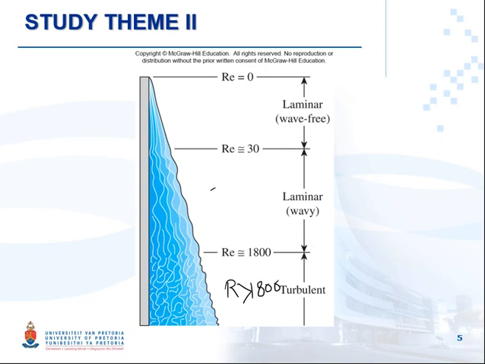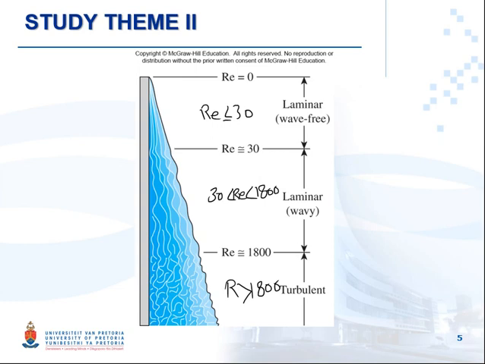Let me write these three regions. The first region, when Reynolds is lower than 30, we call wavy-free laminar. The second one, when Reynolds is between 30 and 1800, we call wavy laminar. And when Reynolds is greater than 1800, we call it turbulent.